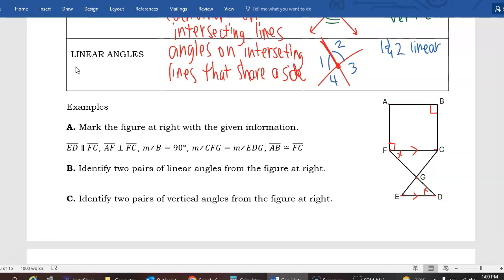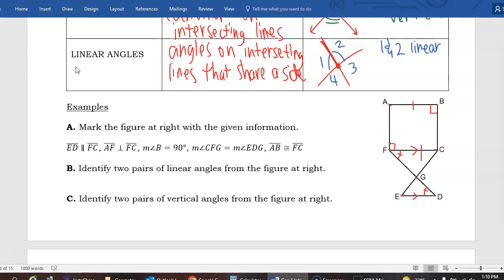And finally, segment AB is congruent to segment FC. AB, I'll give him a 1 mark. Congruent to FC, I'm going to give him a 1 mark. So we can see our congruent segments, our congruent angles, our parallel lines, and also our 90 degree angles.